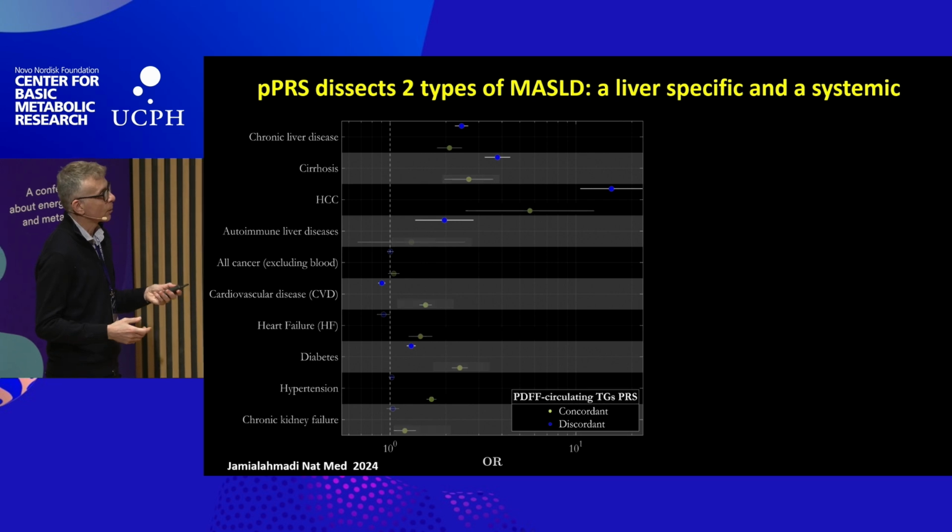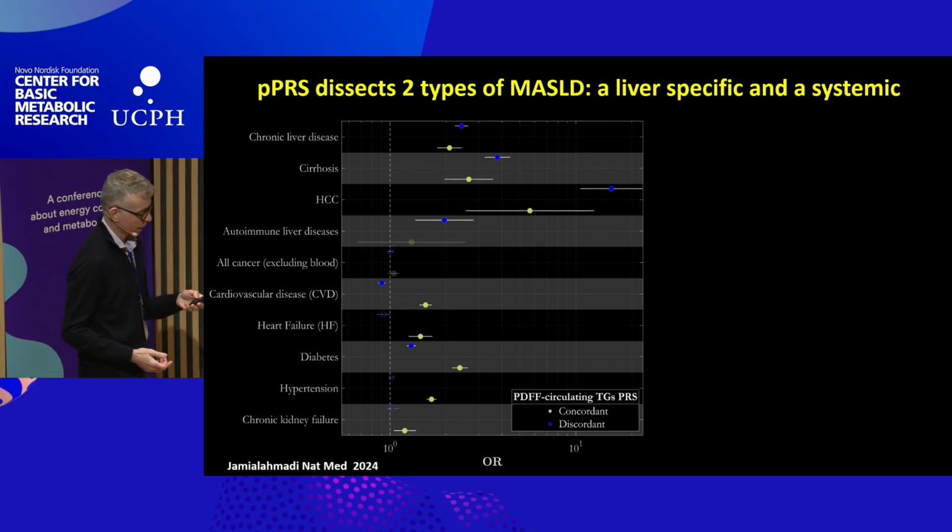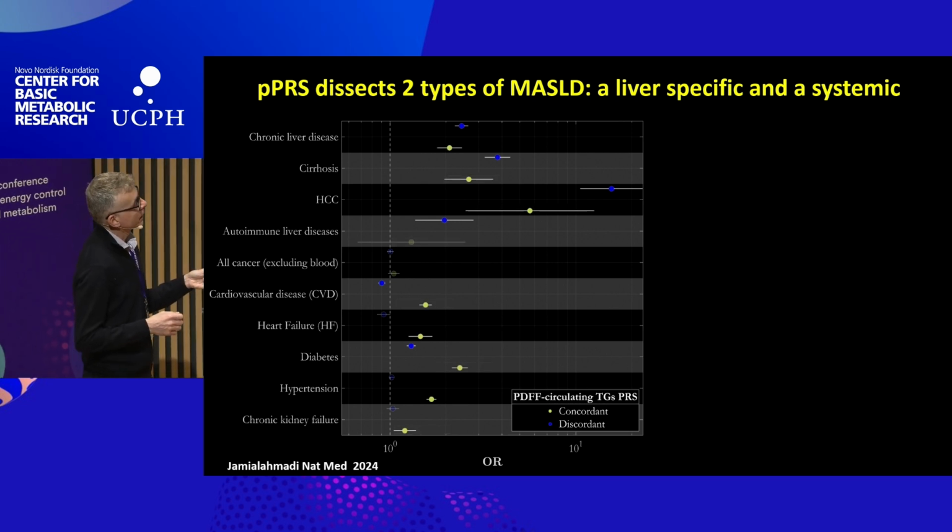The surprise came when we looked at the other polygenic risk score. Here you saw a bit less liver disease, but the entire association with all the diseases that I showed you: heart failure, much larger risk of diabetes, hypertension, chronic kidney failure, cardiovascular disease.